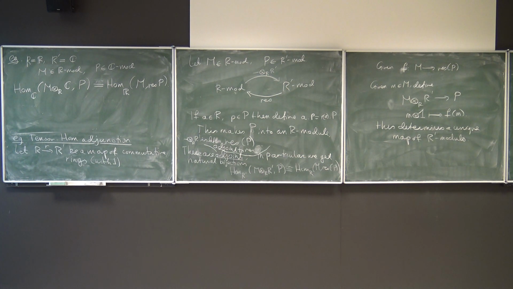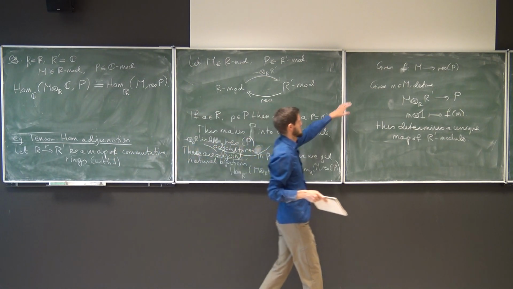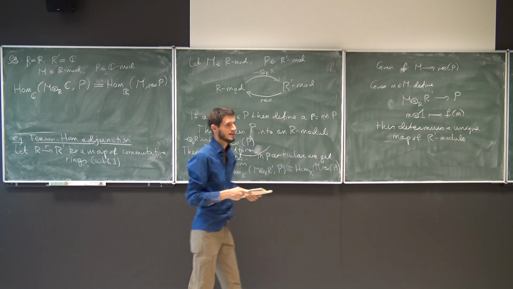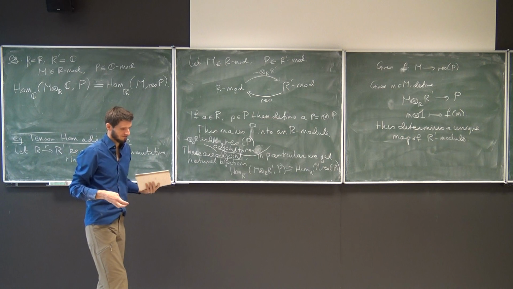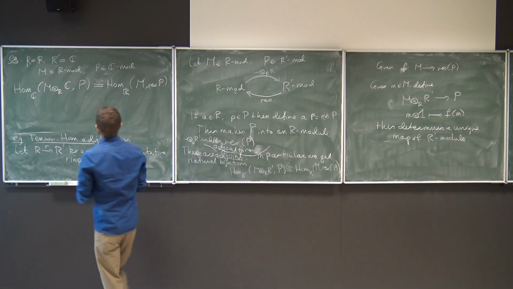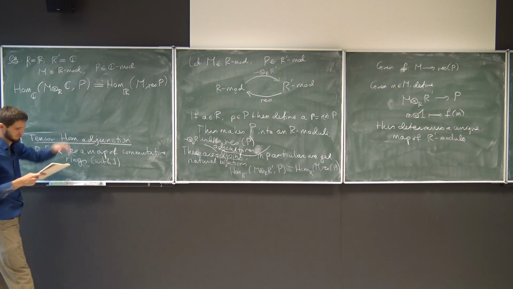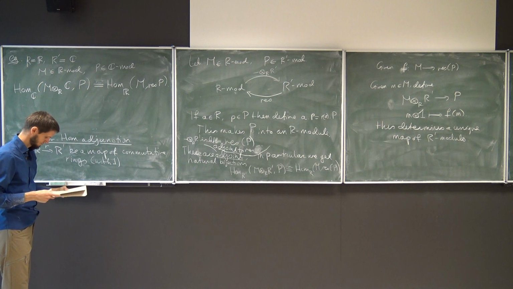In general the map was somewhat sketchily given, but in this special case it can be made more concrete, so it's a good idea to write out very explicitly what happens here and convince yourself that there really is a natural bijection.